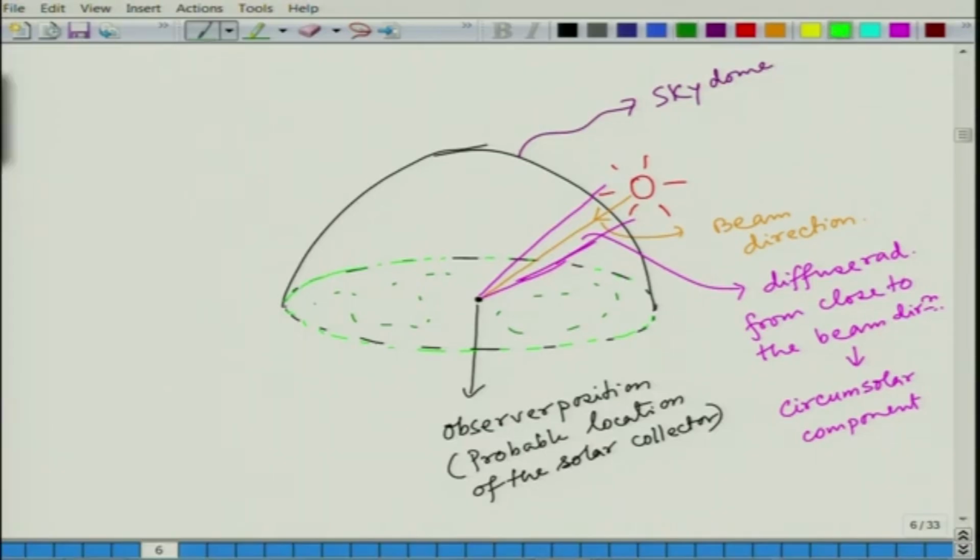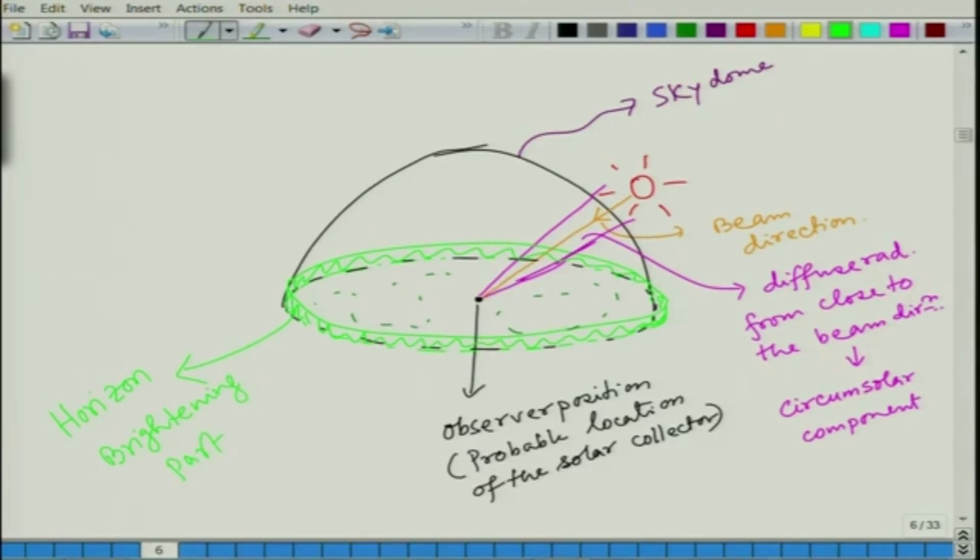So, there will be a portion near the horizon which will be a little extra bright, and that is what we call the horizon brightening part.